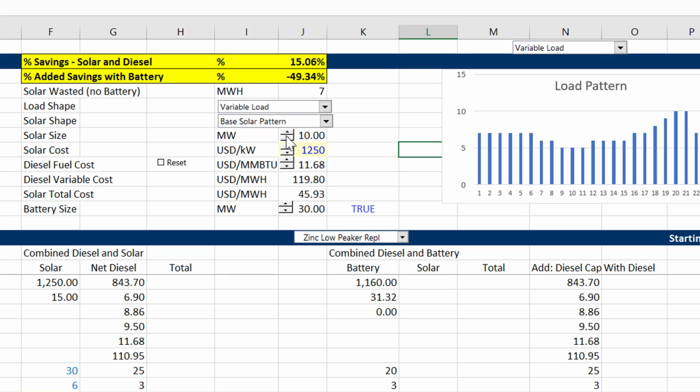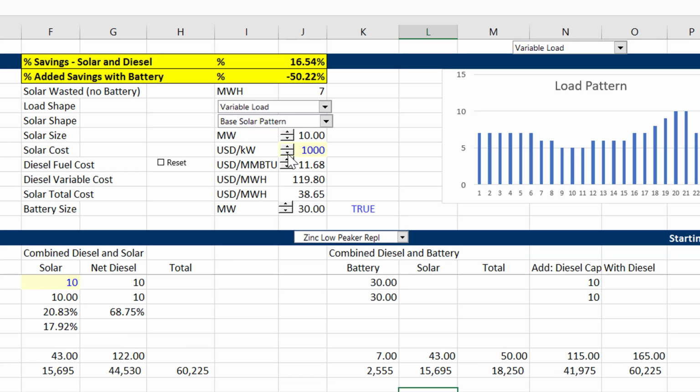I'm just going to start with that. Now, clearly, if you put a lower solar cost of the project in, you get a higher savings. On a higher cost, you get a lower savings.